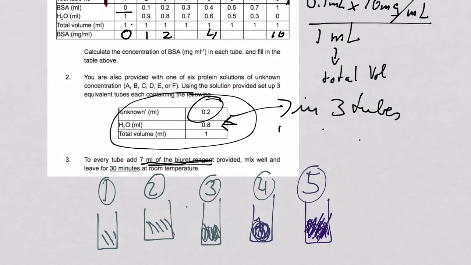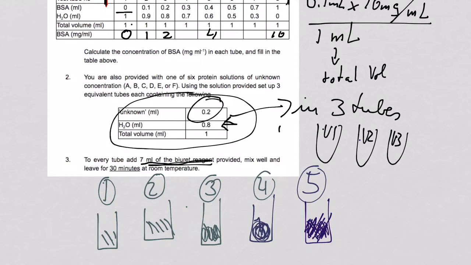So you've got these 3 tubes, unknown 1, unknown 2, unknown 3. All 3 tubes should contain the same amount of protein. Yeah? Are you happy with that?